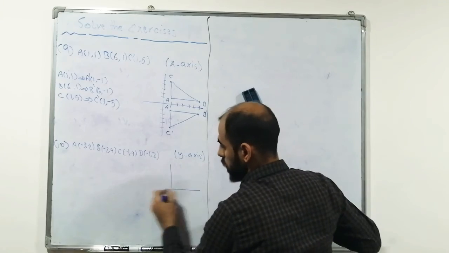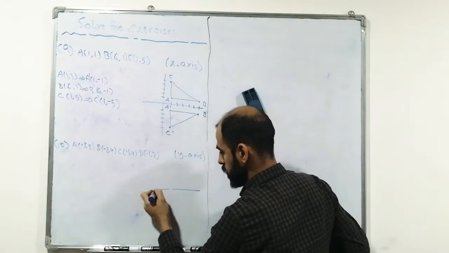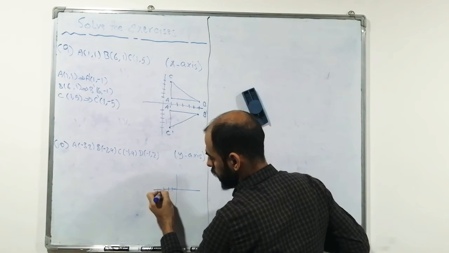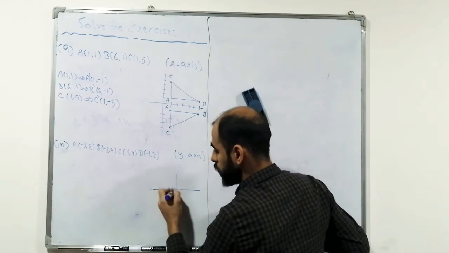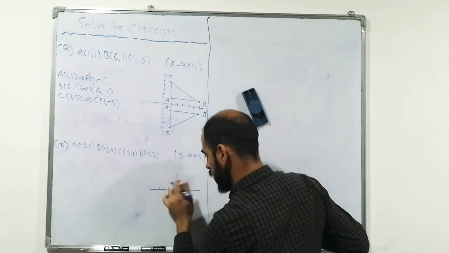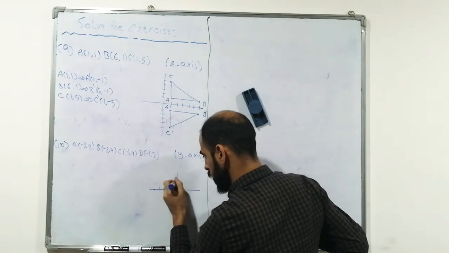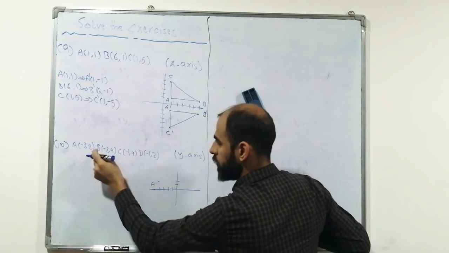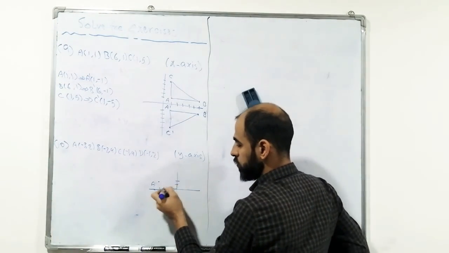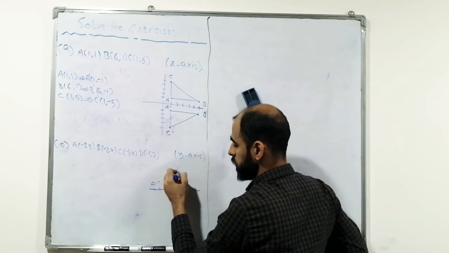The 4 points: -3, 1, 2, 3, 4, then -3 and 2. This is the point (-3, 2), that is A. B is (-2, 4): for -2 we go to the left 2 steps, and for 4 we go upward 4 steps.